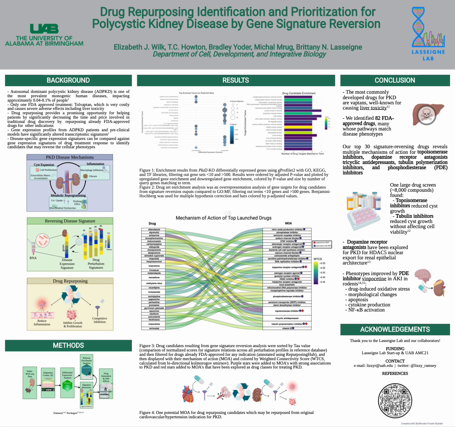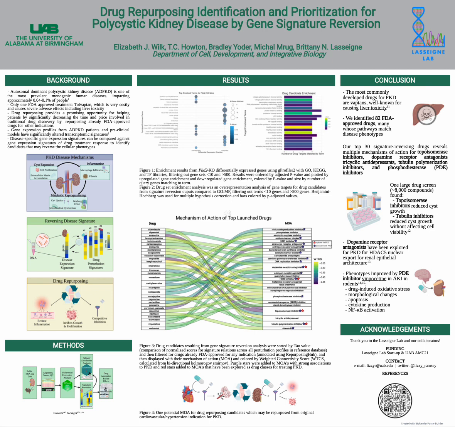So the gene expression profiles from ADPKD patients and the preclinical models have very altered transcriptomic signatures, which means that we can then take those and compare against FDA-approved drug signatures to find ones that may be the most inversely related so that they can be used to perhaps reverse the cellular phenotypes.